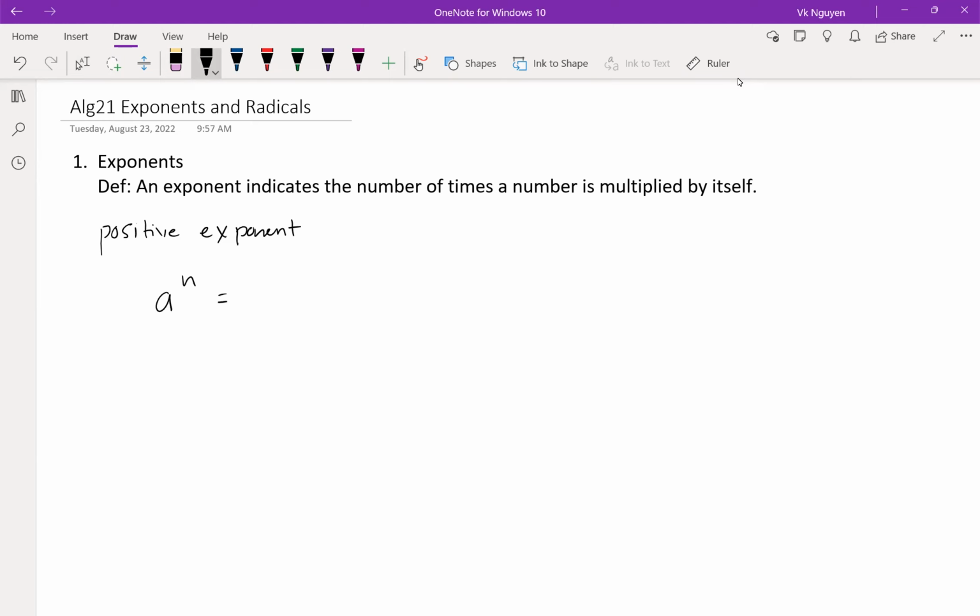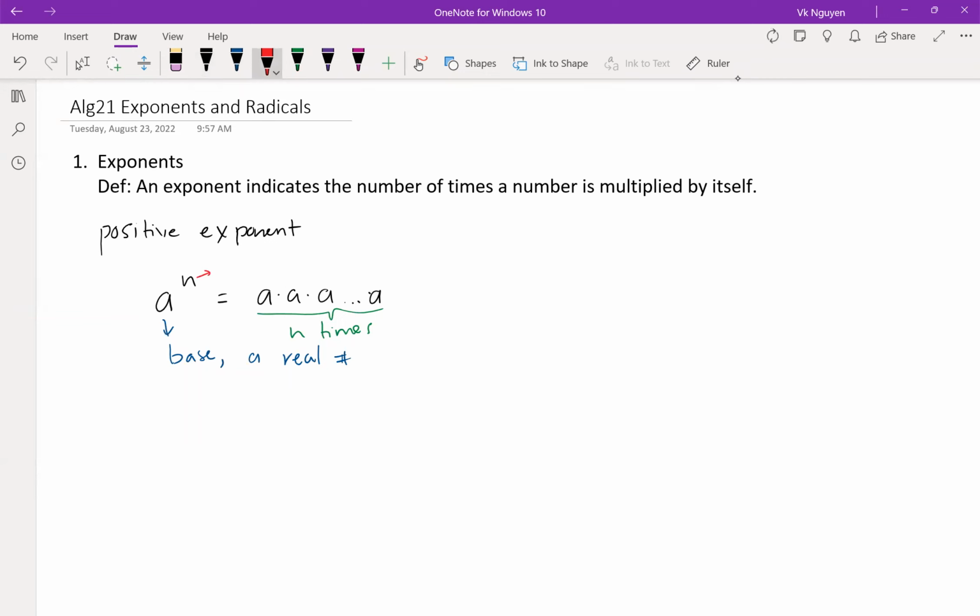A to the n is a times a times a, dot dot dot, times a, n times. A is the base, a real number.